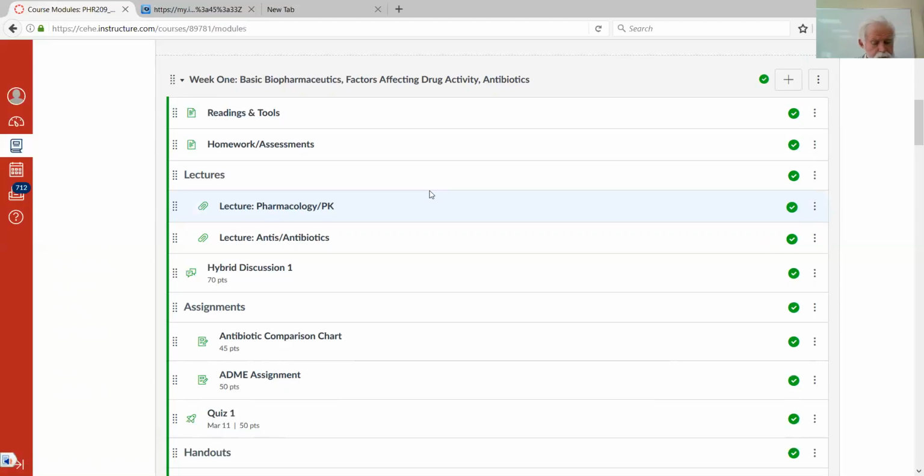So don't use the drug class handouts. Don't try using doc sharing. Now, if you turn to page 2, there's a list. So I want each of you to pick one of these classes of drugs.